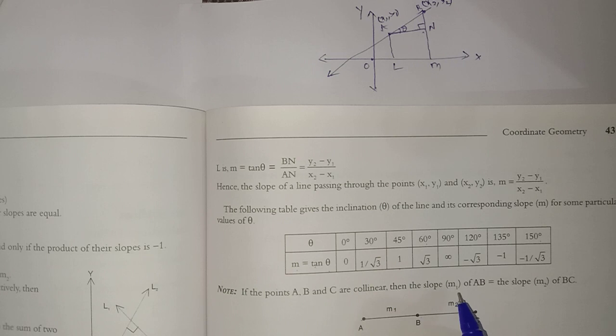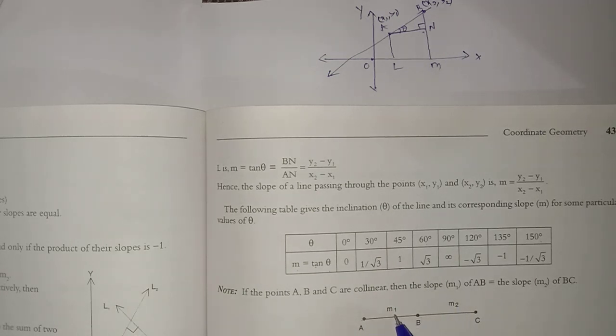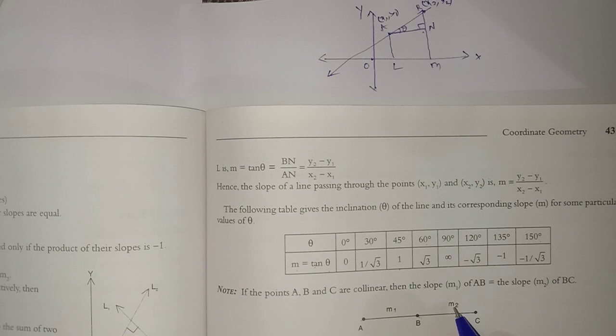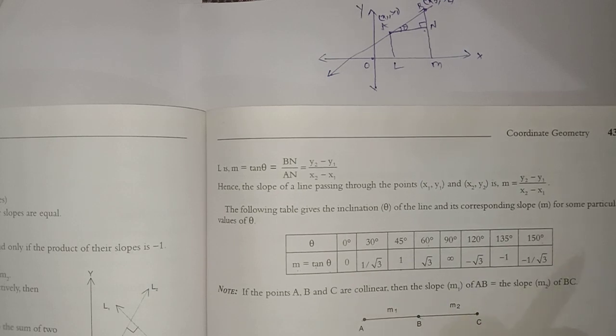Let the slope of AB be m1. Then the slope of BC is m2. So if A, B, C are collinear, the slopes are equal: m1 equals m2, because those are collinear points.